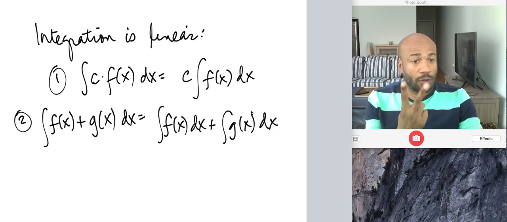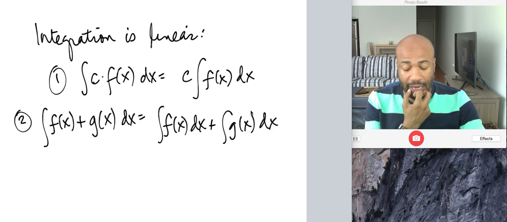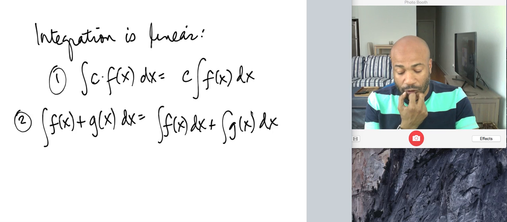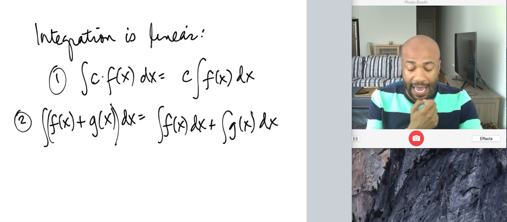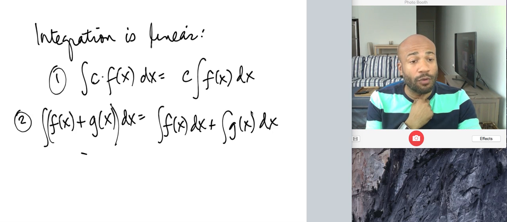Now, the other thing is if you have two functions that are being added together and I want to integrate them, then what we actually have is the sum of two functions. Right?